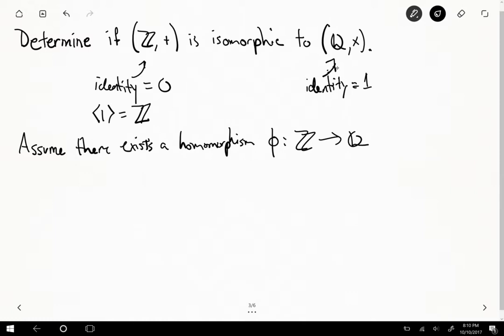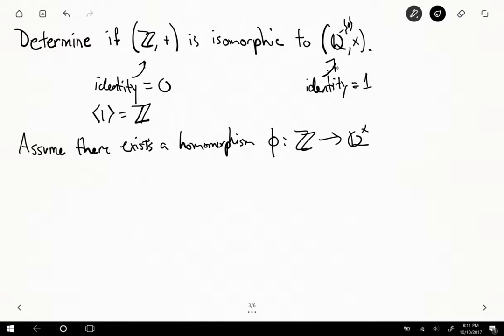Since the integers are completely determined by this element 1, we can see where that maps and get an idea of what's going to happen in the rational numbers. Oh, and let me indicate that multiplication here means we're leaving out 0, so I should write Q minus the element 0. Otherwise it wouldn't be a group in the first place.